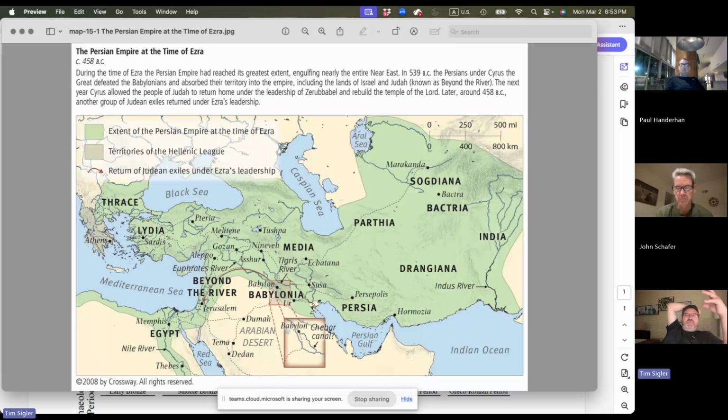Again, he's going to motivate them, and you could see the sort of psychological war strategy going on here. Here's a whole bunch of money. Go and build yourself a temple in the homeland of your forefathers and make it real nice.